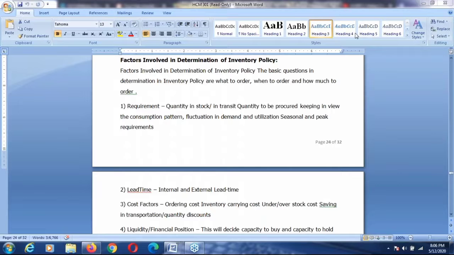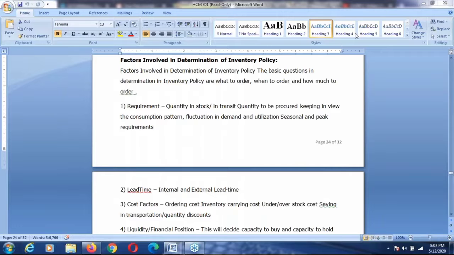Those on their own are questions that will just come to mind when you are thinking about a policy on inventory. But the factors that are really involved are requirements. Requirement has to do with the quantity in stock and quantity to order for.